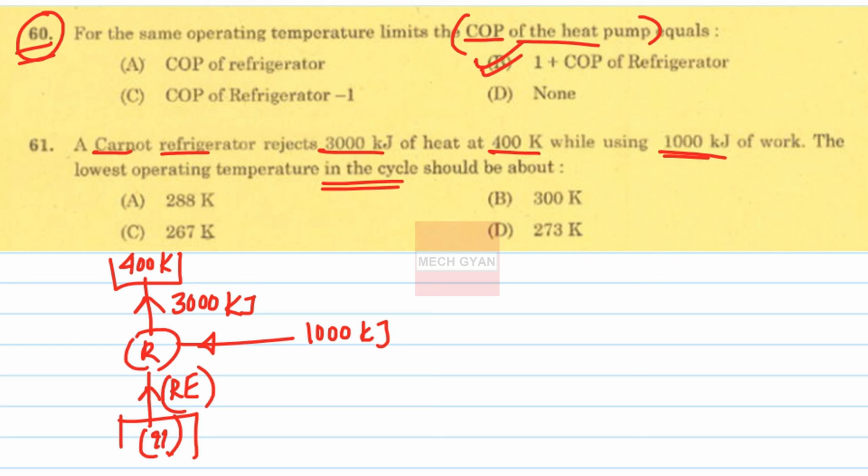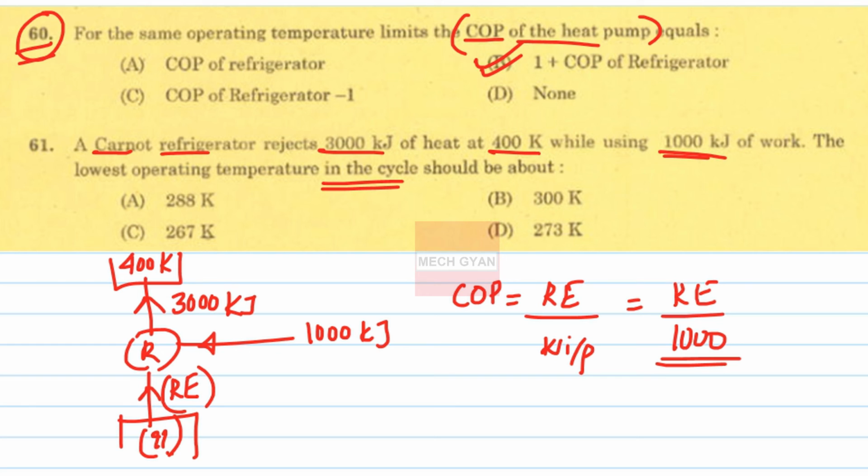Now we know that COP of any refrigerator is desired refrigerating effect by work input. So that is equal to RE by 1000 in this case. Now we have RE plus 1000 equal to 3000. Here check the direction of the arrow.